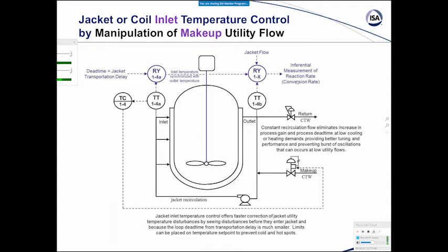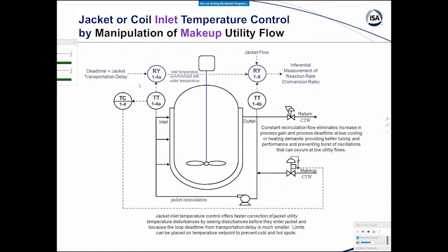Also shown here at the very top in blue is the fact that you can do an inferential measurement of reaction rate and really its conversion rate. That's based particularly on an exothermic reaction in terms of the cooling rate.